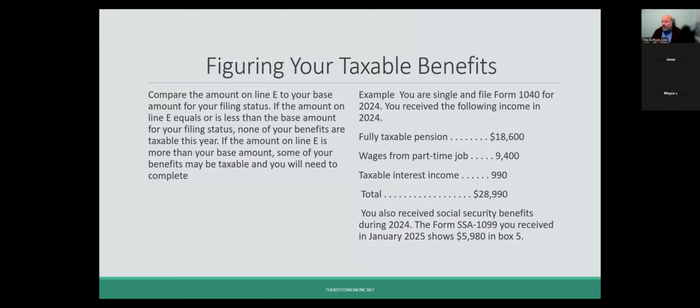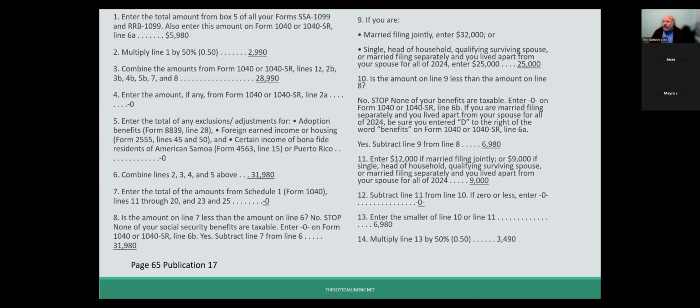You receive Social Security benefits in 2024, and the form shows $5,980. And you receive a form in January 2025. So in January, everybody gets their forms, and that's when we're going to get a lot of calls and questions. So here's the form and this goes on to now figuring the tax on it.